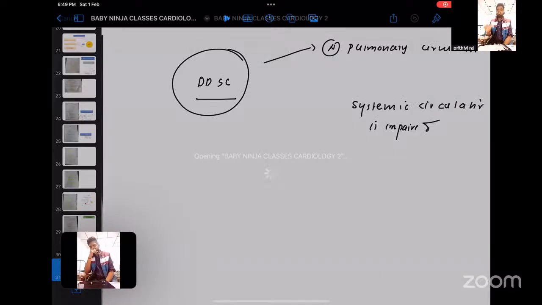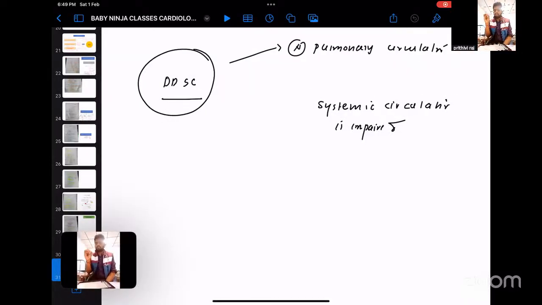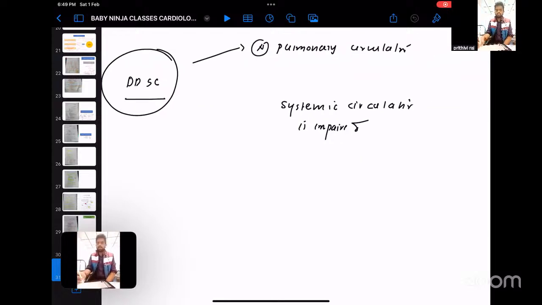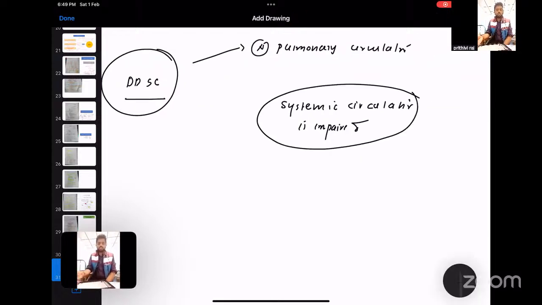In order to maintain this, there must be some circumventing of blood from the pulmonary circulation through this shunt called the ductus arteriosus. I have to keep this patent open, for which I am using prostaglandin.